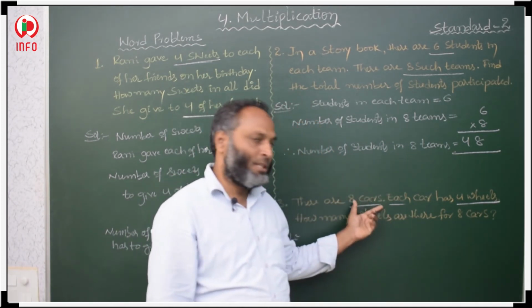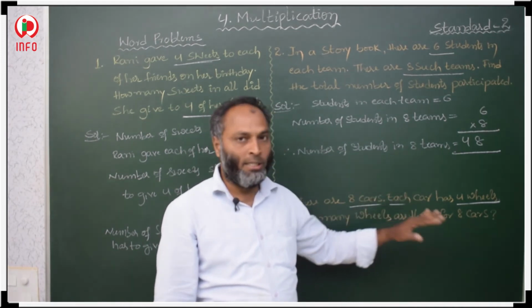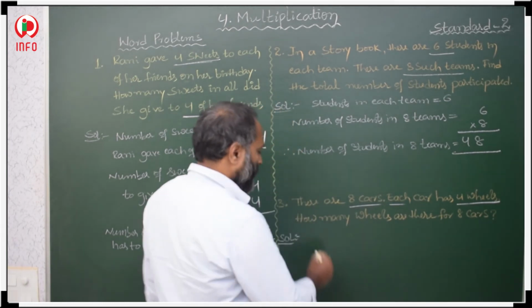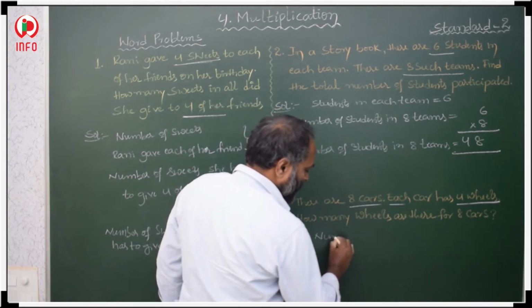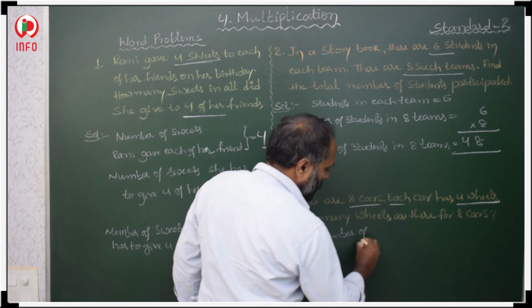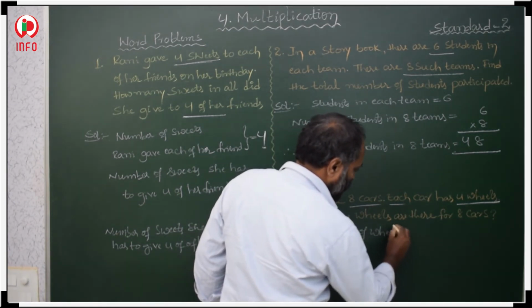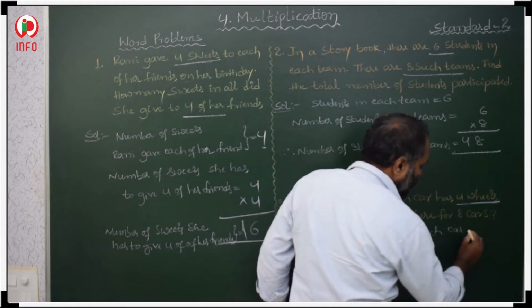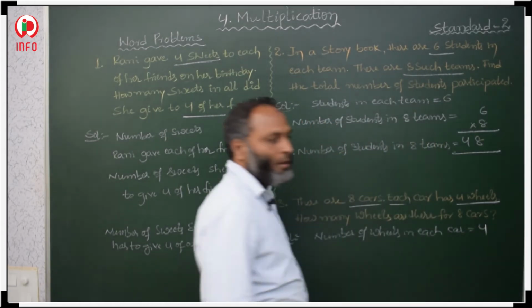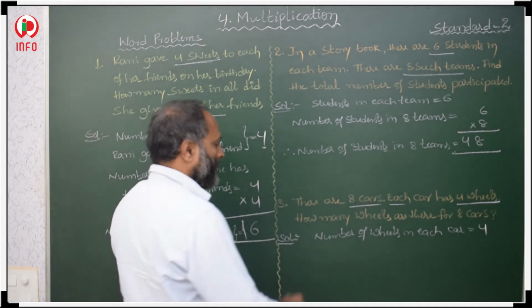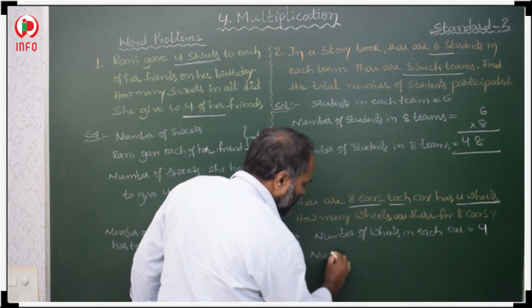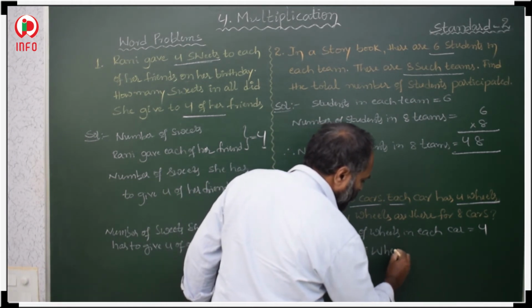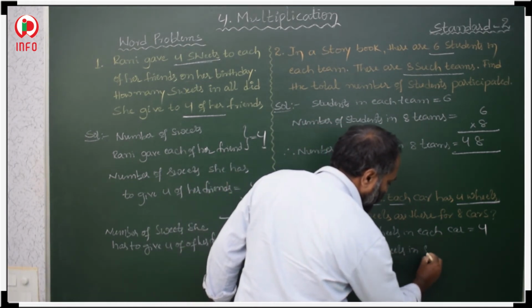First read your question, understand and decide. 3 steps over. Now steps. First step. Number of wheels in each car, in each car 4. Now about 8 cars, number of wheels in 8 cars.